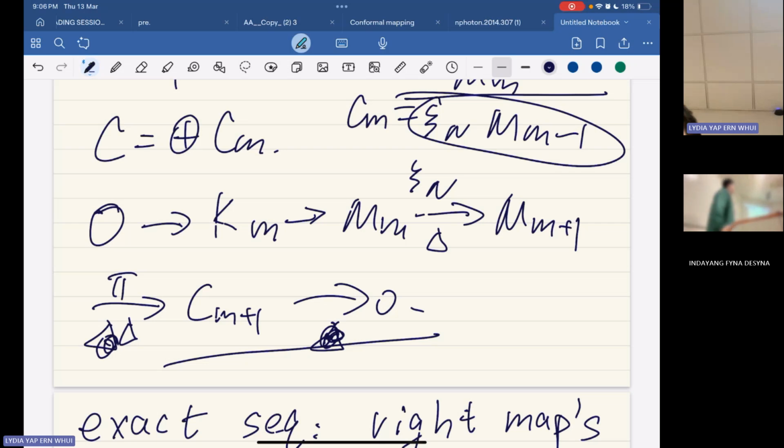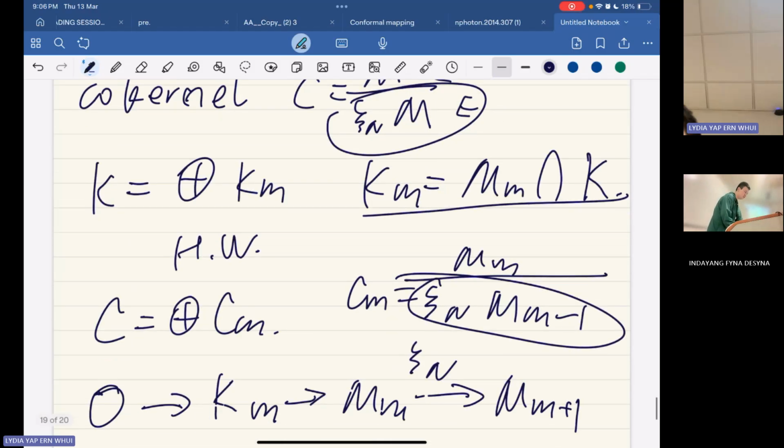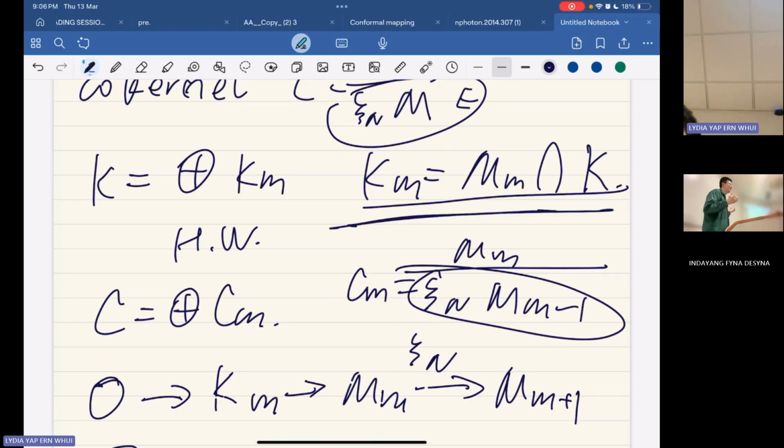And we see that this is just this map's image, because this map multiplies everything by x_n. So its image should be those things in M_m that are multiplied by x_n, and it lives in M_{m+1}. This is this map's image. And also, what is this map's kernel? It is K_m, right? Because we define K as the kernel of x_n. And we just showed that this should be a graded ring.